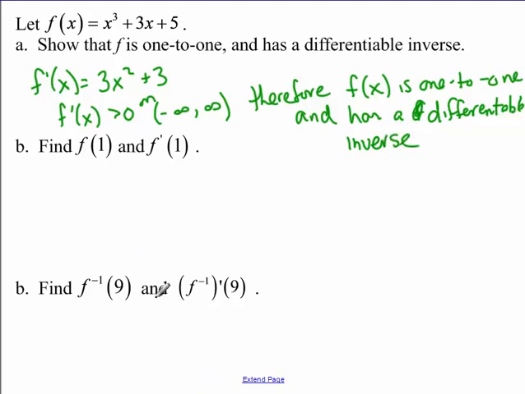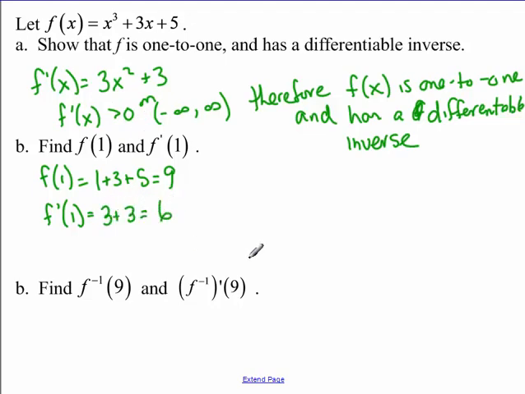Okay. Finding f of 1. That's easy, I just plug in 1. F prime of 1, well, we found the derivative up there, so it's 3 plus 3, which is 6.